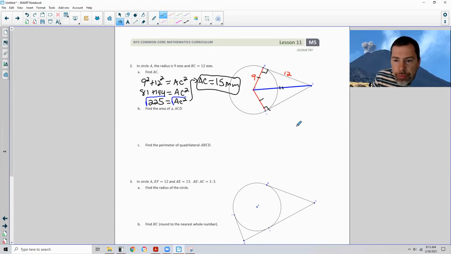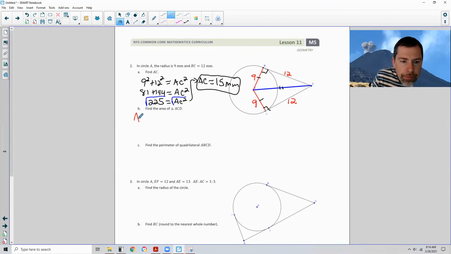This is equal to itself by the reflexive property, and therefore we have hypotenuse-leg. So these two triangles are congruent. The tangent from the same point outside has to be equal to the tangent over here. So why did I draw 9? I have no idea. That's a 12.